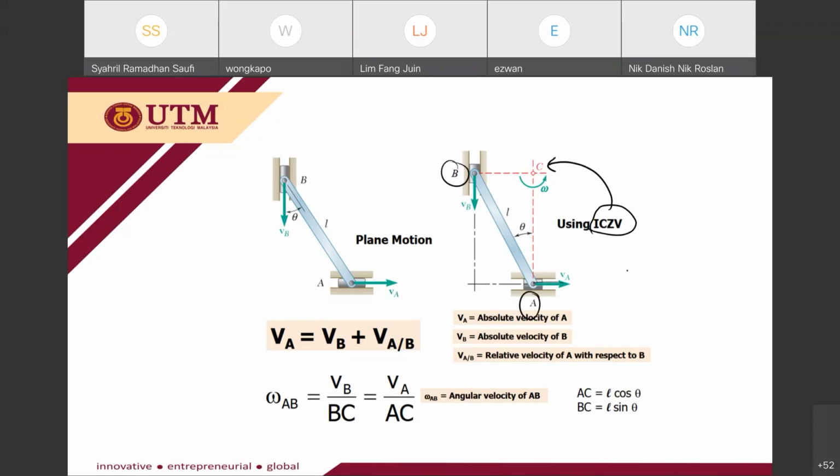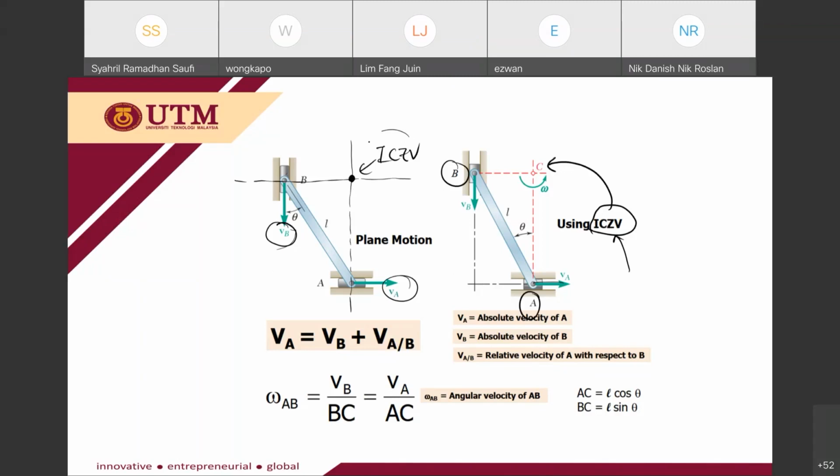To find this instantaneous center of zero velocity, you need to draw the perpendicular line to the velocity for each point. Let's say this is my VB, I draw a perpendicular line to VB. And then for this VA, I draw a perpendicular line to VA. The intersection point here is called the instantaneous center of zero velocity.